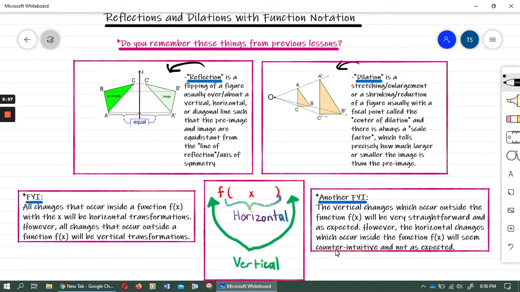And for both reflections and dilations, that transformation is really only happening when you're multiplying some type of numbers, either inside or outside of the function. So it's the difference between adding and subtracting numbers or multiplying numbers.